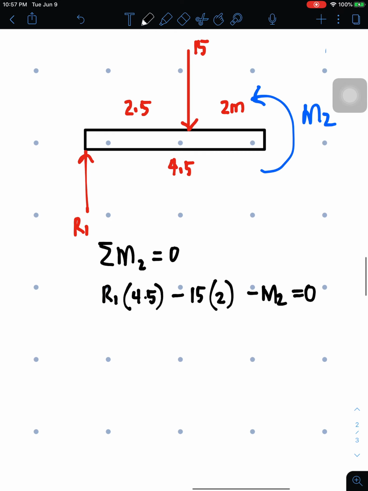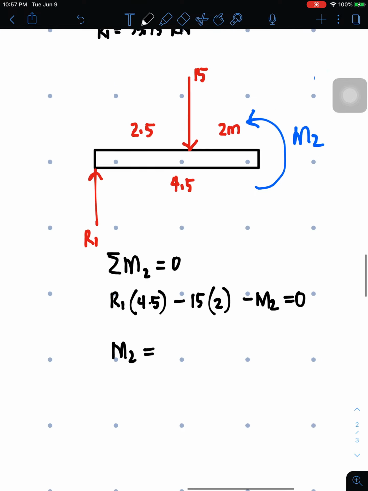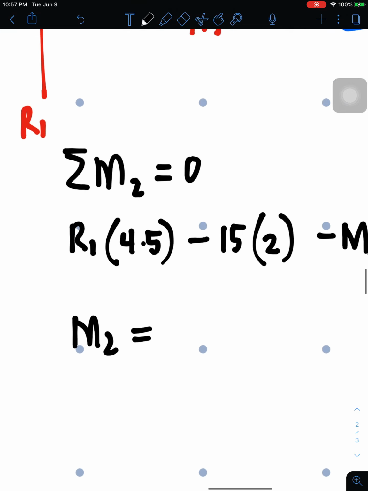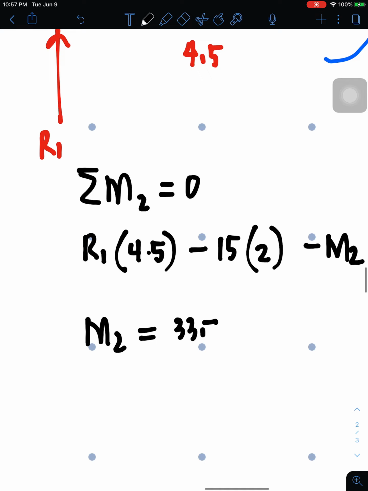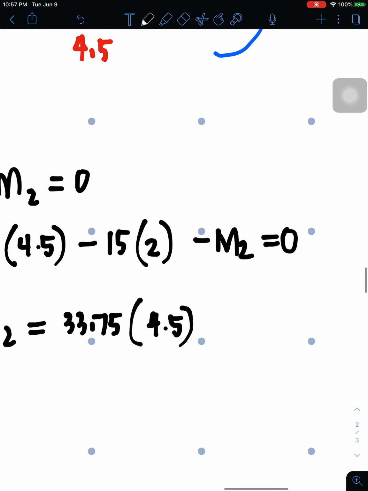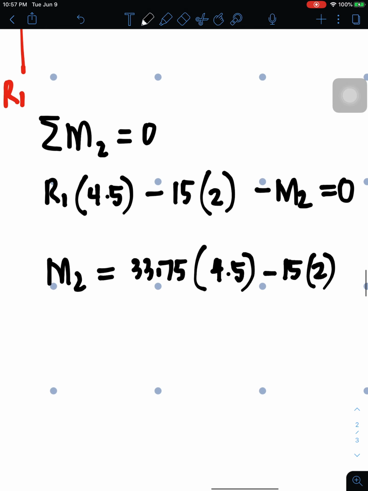Transpose M2 to the other side, we'll have M2 equal to R1, which is 33.75, times 4.5, and then minus 15 times 2, and we now have M2.